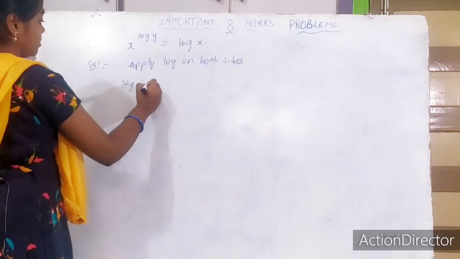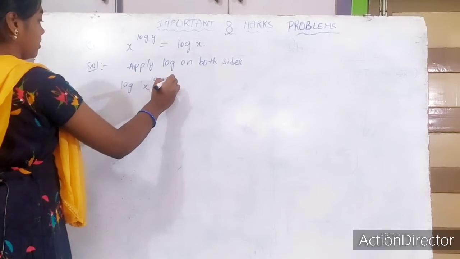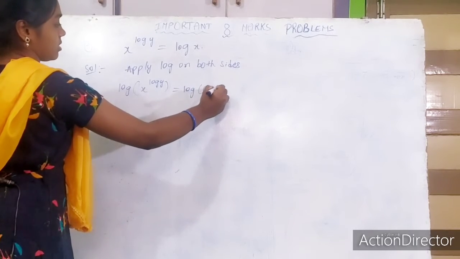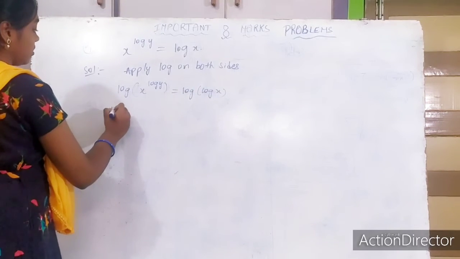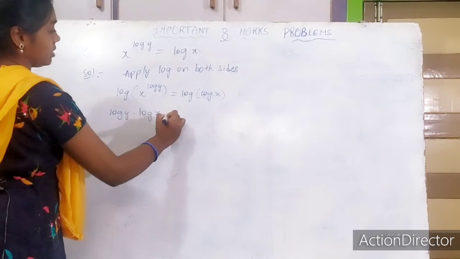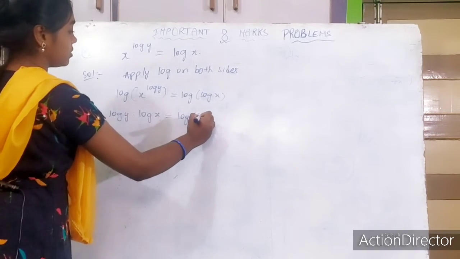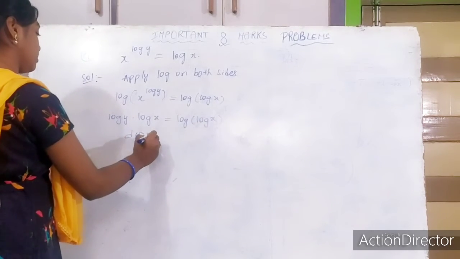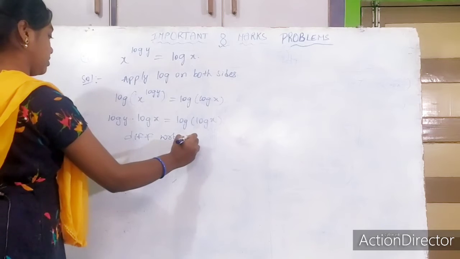(log x)^(log y) = log(log x). Now log y into log x is equal to log of log x. Now differentiate with respect to x.